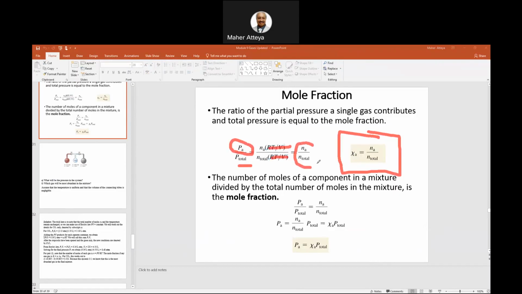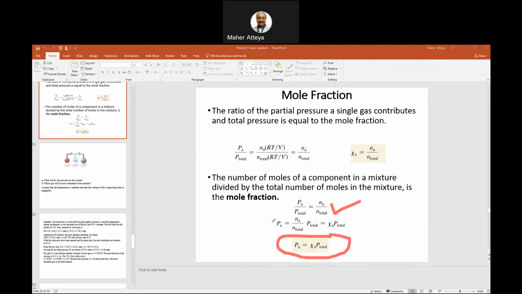This one here is NA over N total, and we can tell this is the mole fraction X of A. So we can put this here, and then work this formula. PA is P total multiplied by the mole fraction.